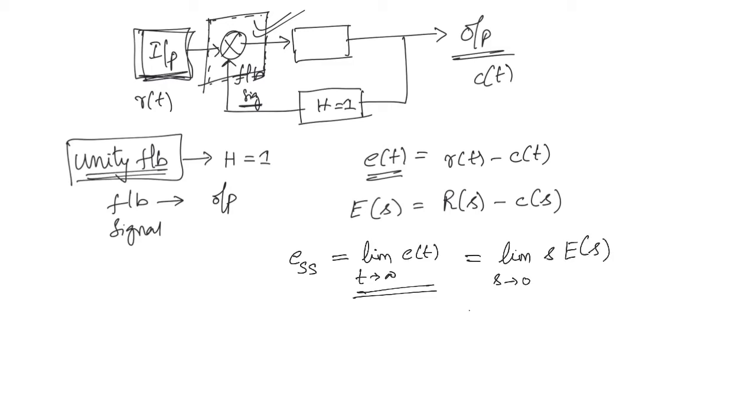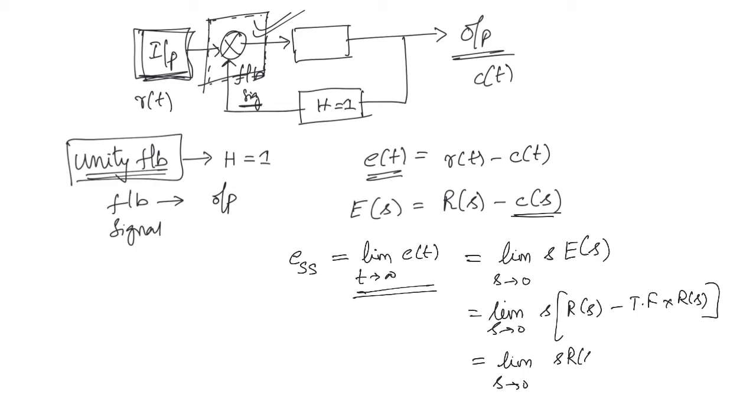Now this we can write as limit s tends to 0 of s into R of s minus the output, which we can write in terms of the input as transfer function into R of s. So this we can write as limit s tends to 0 of s into R of s, into 1 minus the transfer function, which is 1 minus G by 1 plus GH.